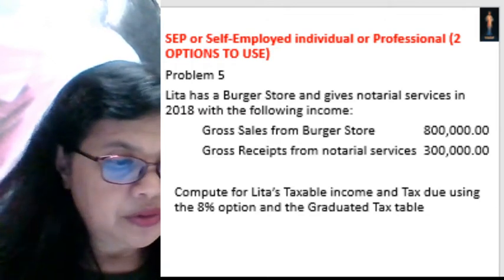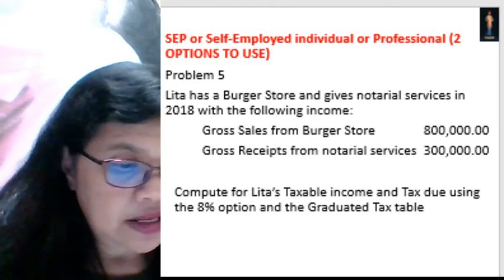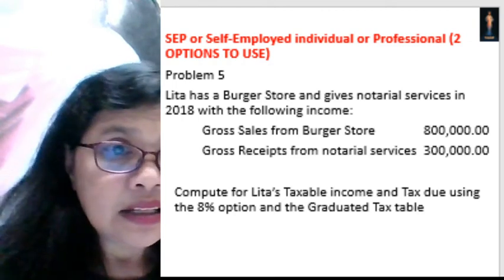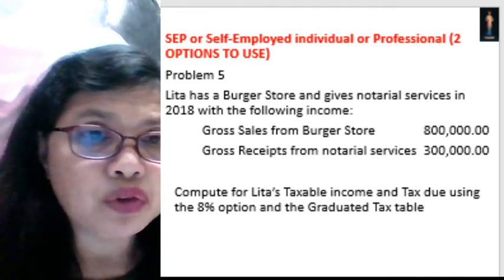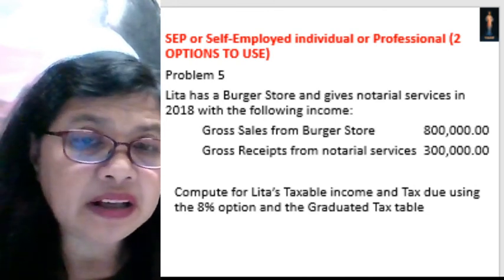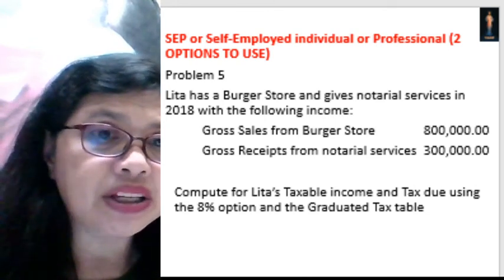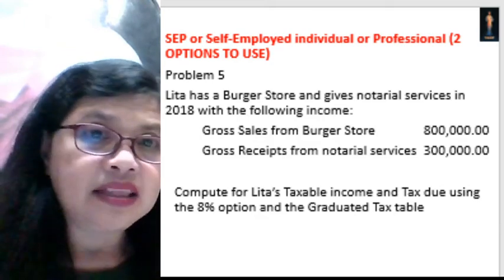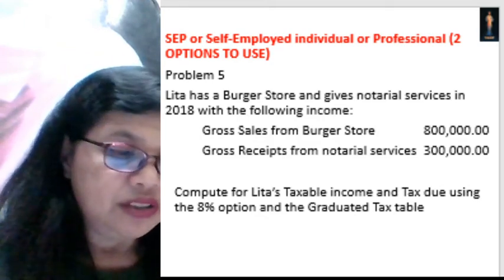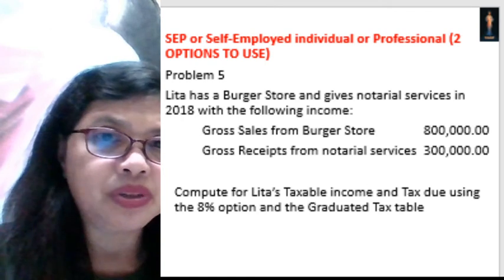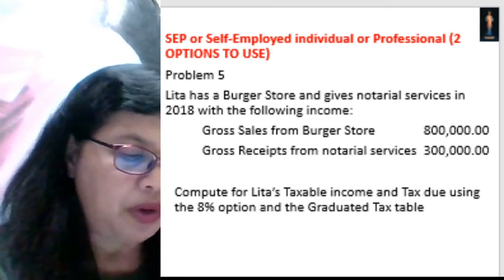The requirements are you have to compute for Lita's taxable income and tax due using the 8% option and the graduated table. So what are the clues here that we should remember when we try to solve this problem?